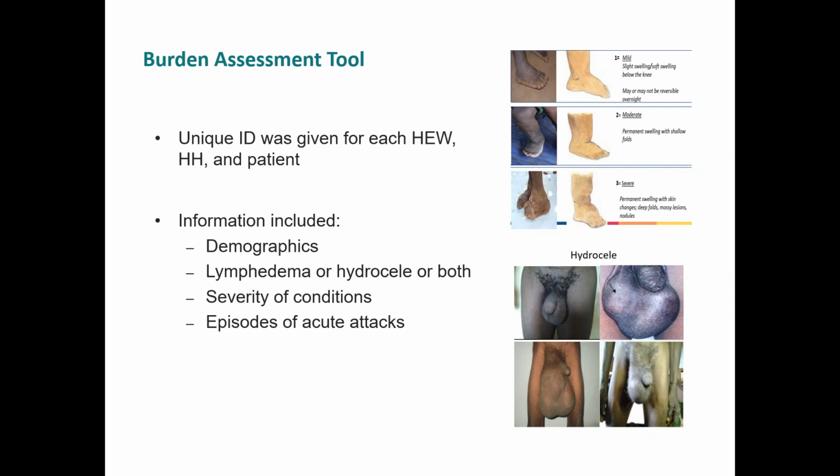The severity of the condition, especially the stage of lymphedema, whether mild, moderate, or severe, was also included. The episodes of acute attacks were also included in this burden assessment tool. All of this information was collected in both approaches.